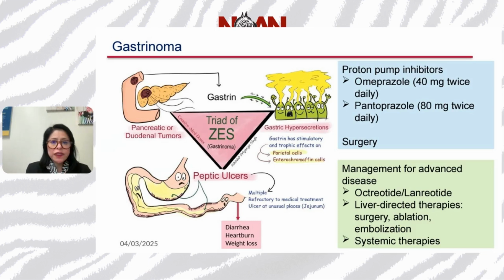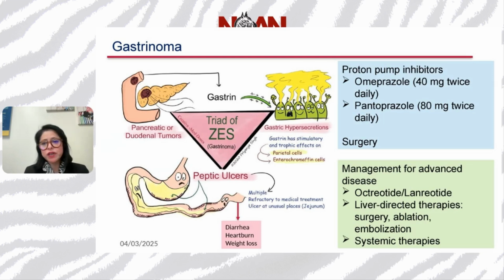It's very important that if a patient is diagnosed with a gastrinoma, they receive a medication called a proton pump inhibitor, because that inhibits the acid produced by the cells in the stomach. One of them is omeprazole, and another is pantoprazole.